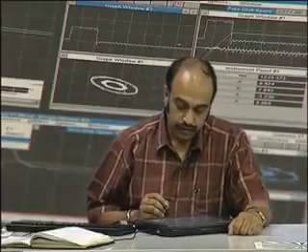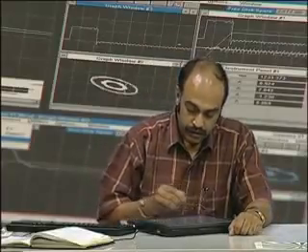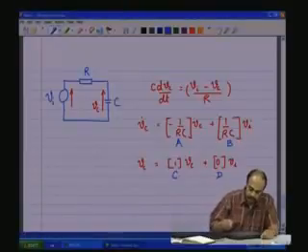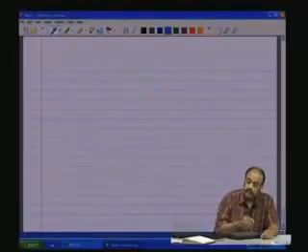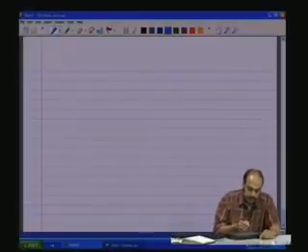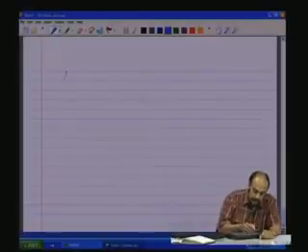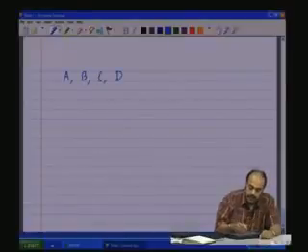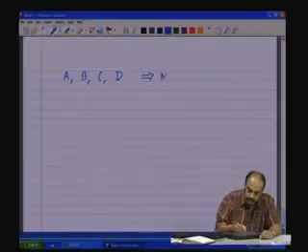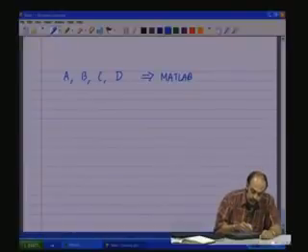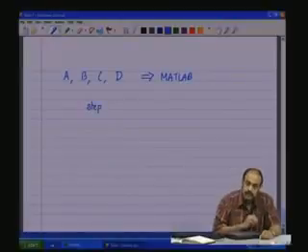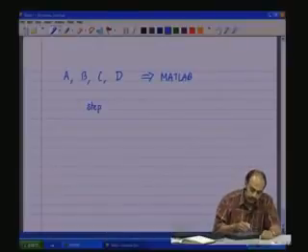Coming back to the board here, there are 3 domains, as I told: the time domain, the frequency domain, and the pole zero domain. After having inputted the A, B, C and D matrices into MATLAB, we will use 3 major tools. One is the step function to obtain the step response of the system.